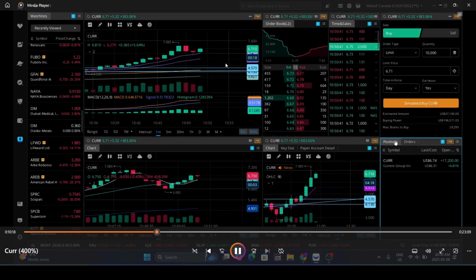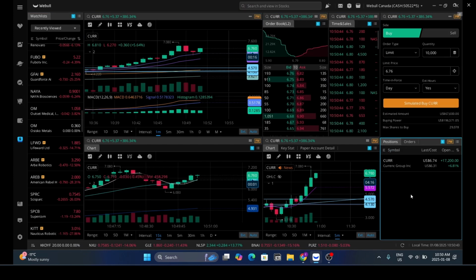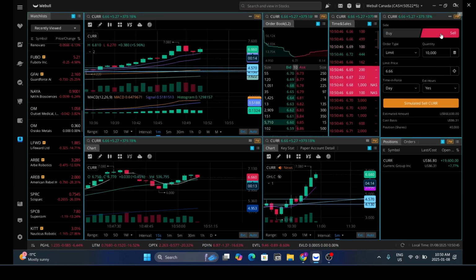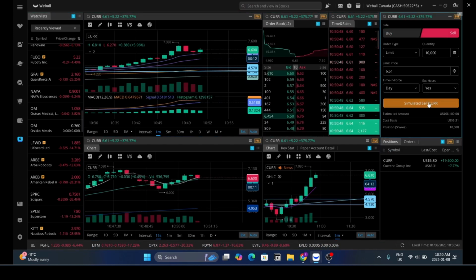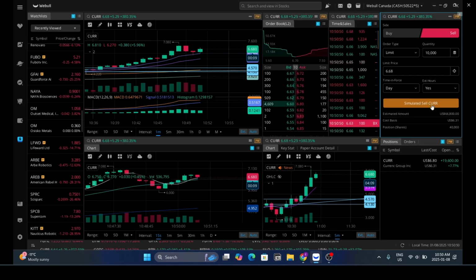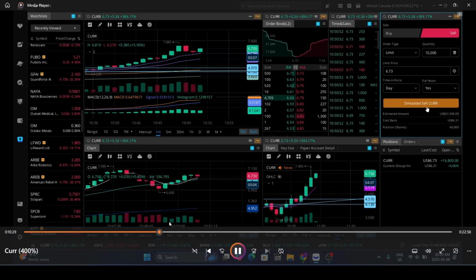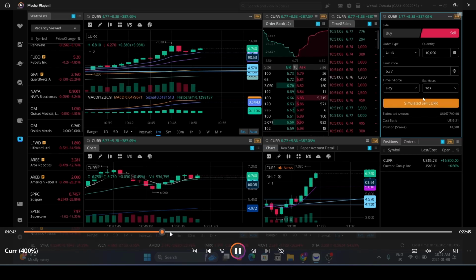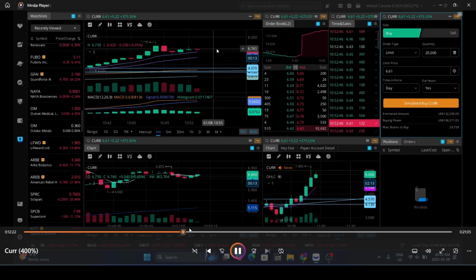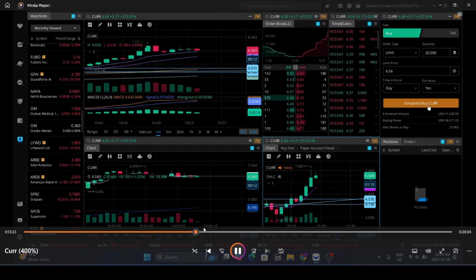Then I guess I was more aggressive in trading stocks, so my risk was less calculated. So let's see. I guess I had a 40,000 share position here. Let's see, does it break? It looks like it doesn't break.